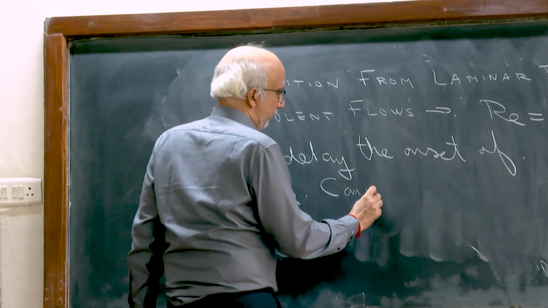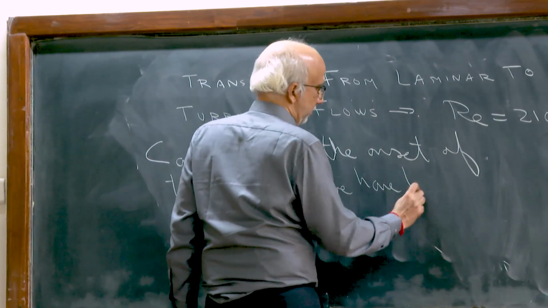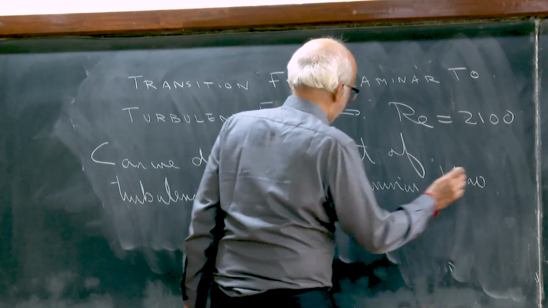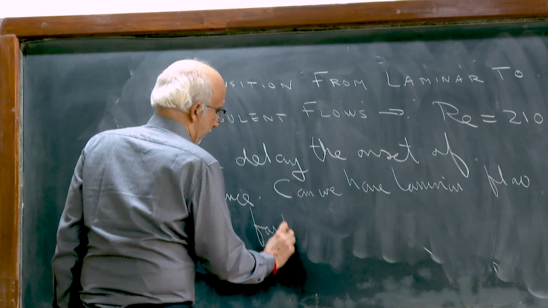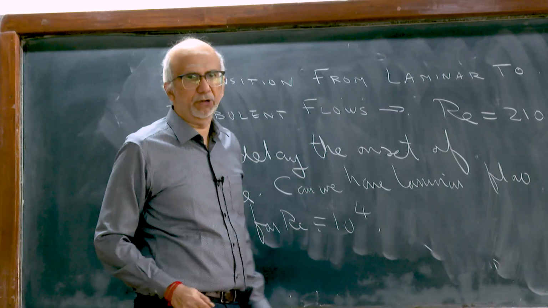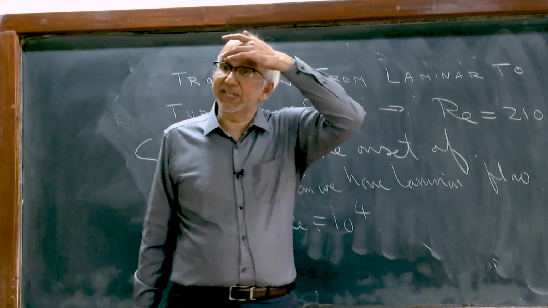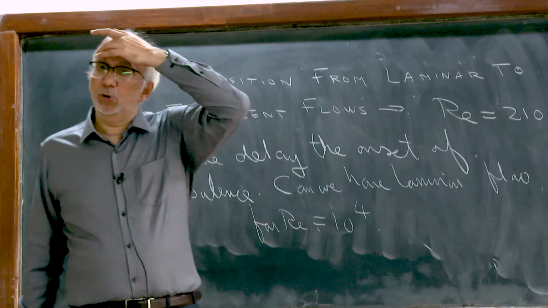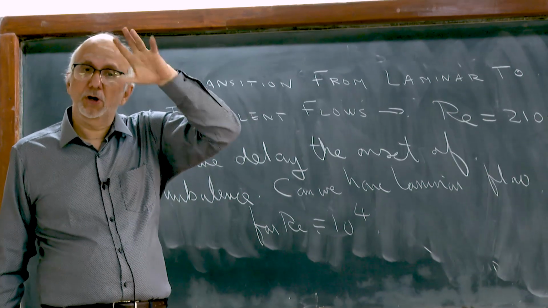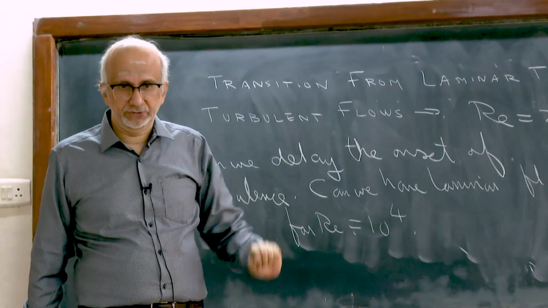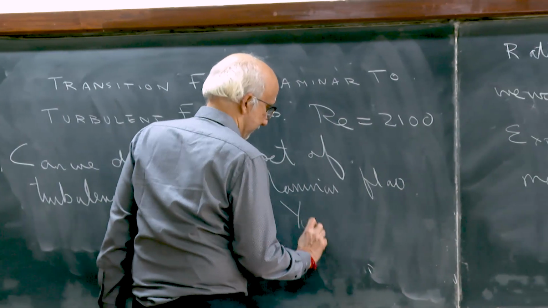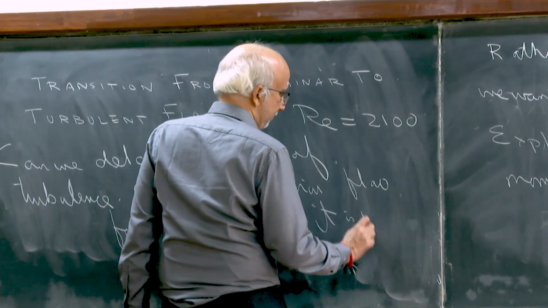Can we have laminar flow for Reynolds number, let us say 10 power 4 or 10 power 5? And the answer is yes. There are people who have shown that you can have laminar flow for Reynolds number as high as 10 power 5. The answer is yes, it is possible.